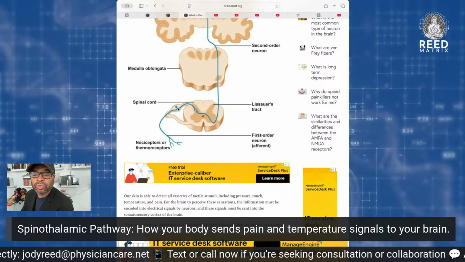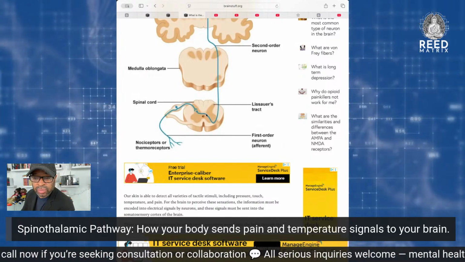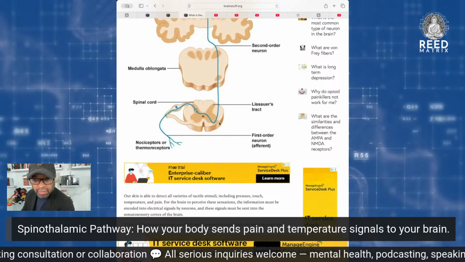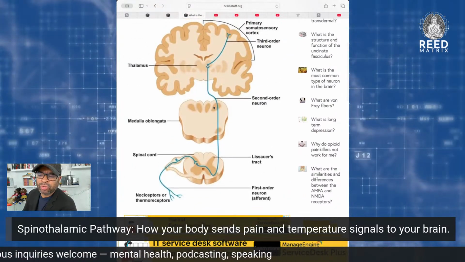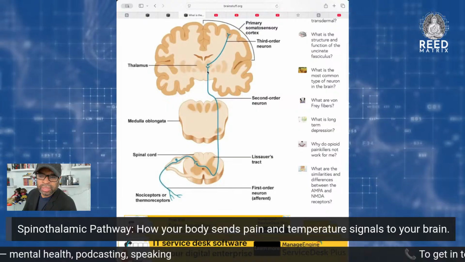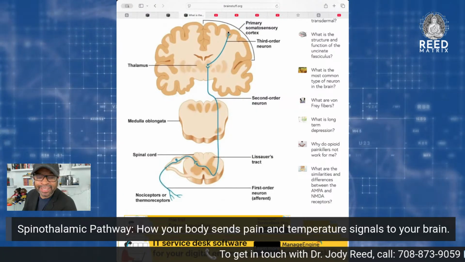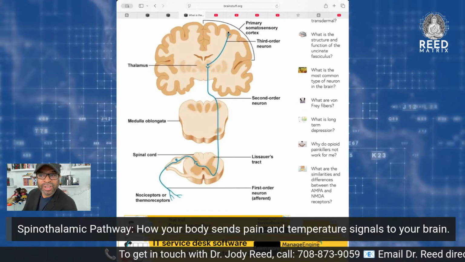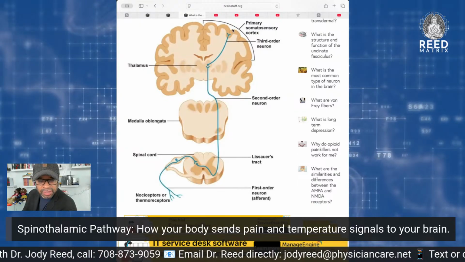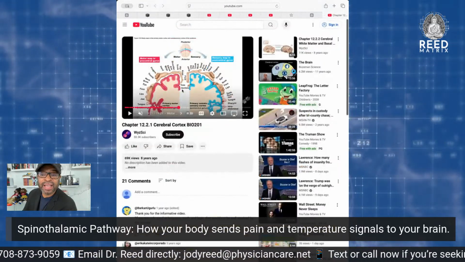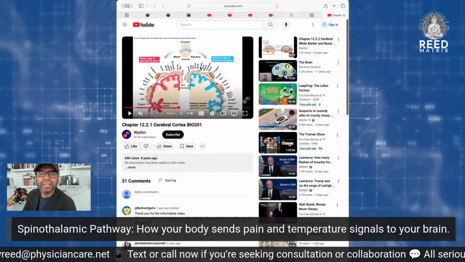It's going to go through the dorsal root ganglion, cross over here, this anterior cord, up the spinothalamic tract, to the thalamus relay center, on up to the part of the homunculus that's responsible for interpreting those signals. And it's the primary sensory cortex, the homunculus, that helps you identify exactly where you're experiencing the pain or the discomfort.